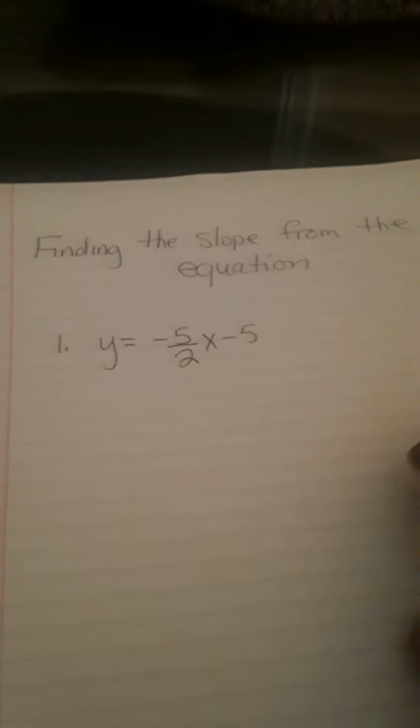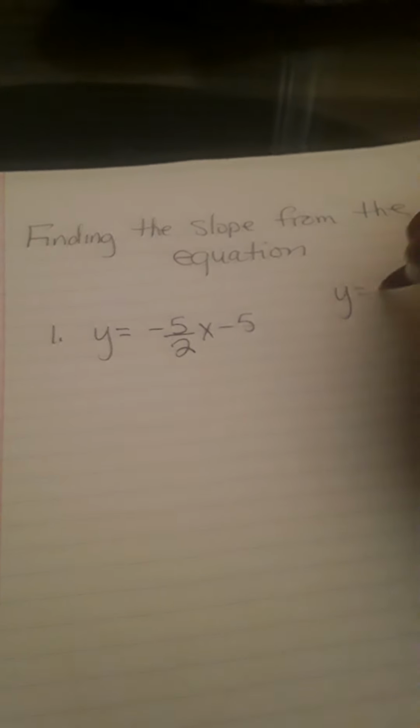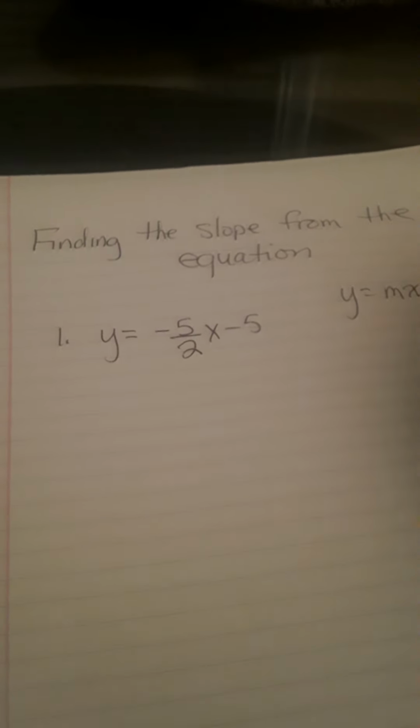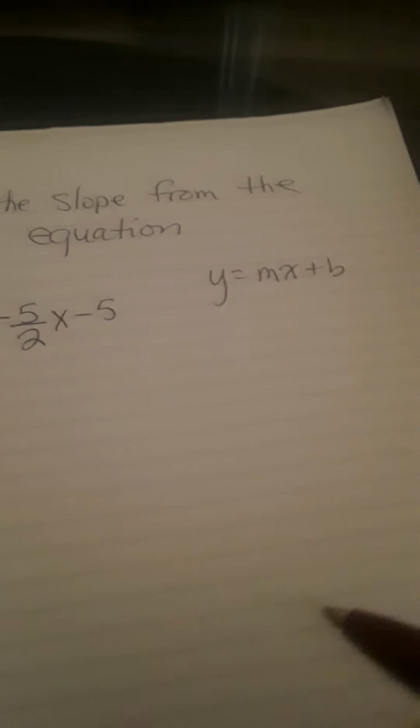Problem number 1 off the worksheet says y equals -5 over 2 x minus 5. That's the equation. But remember, we used to have to deal with y equals mx plus b, where there's your y, there's your x.